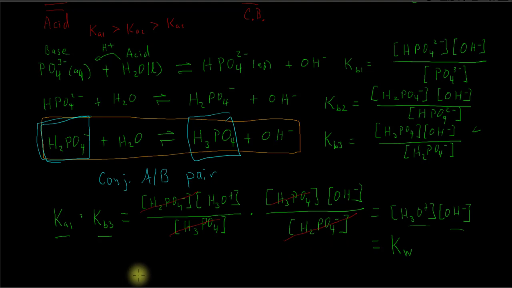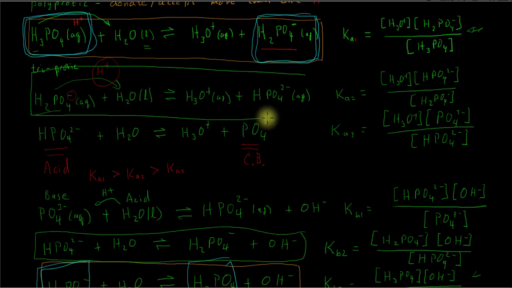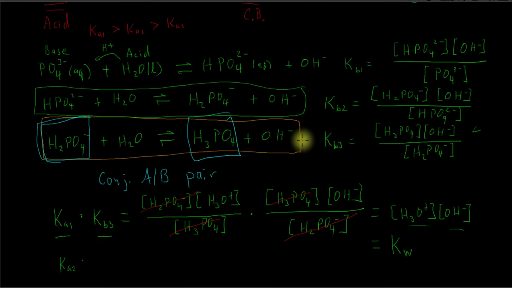And we could go through and show that there are other relationships that hold true here as well. So if we look at, for example, Ka2, and we were to multiply that by the Kb2, they relate these same conjugate acid-base pairs, the H2PO4- and the HPO4 2-.